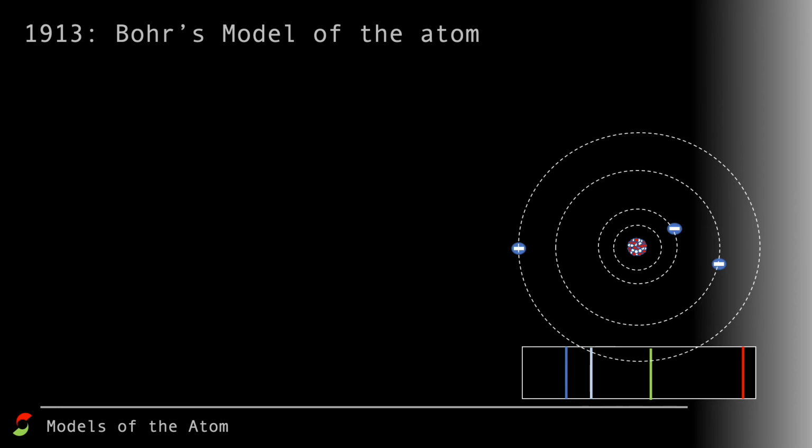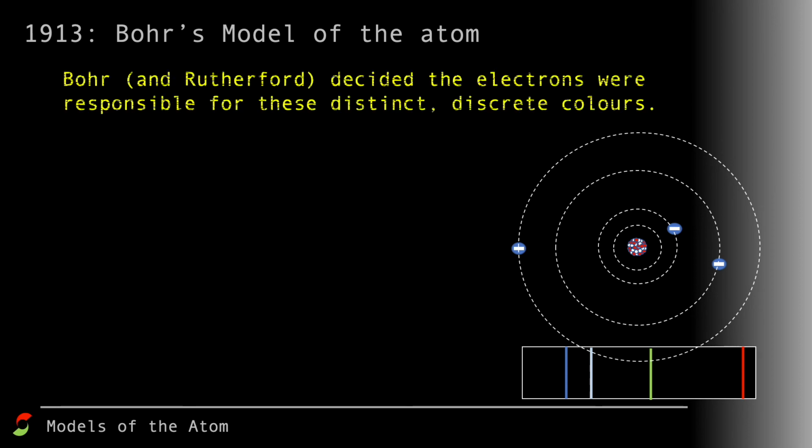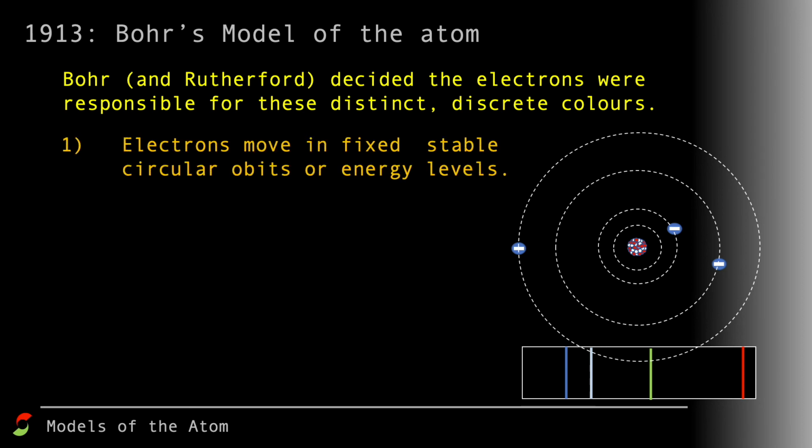So a new model was needed, and that's what Bohr, with Rutherford, came up with. So they decided that electrons were responsible for these discrete individual colours that different elements produced. And they decided then that the electrons were going to move in fixed, stable, circular orbits, or if you prefer, energy levels. Orbits or energy levels are fine.